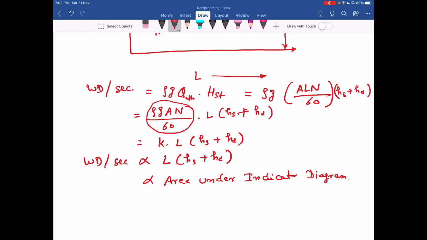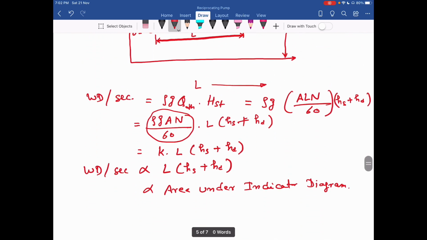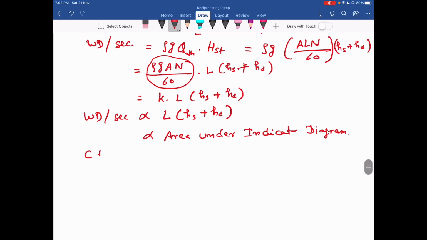So simply, my diagram CDFE, that is my indicator diagram, indicates the work done per second by the pump if I draw that diagram on a particular scale.